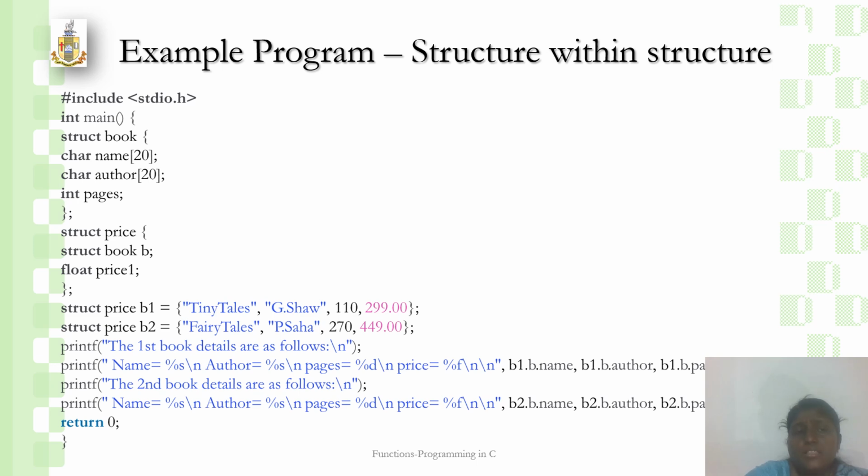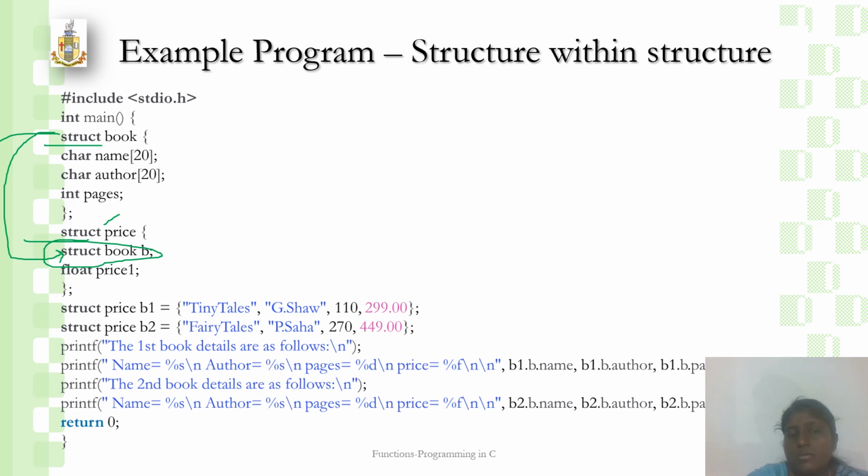What we have done is, previously we had added the price into a single structure. Here we have added struct book and struct price. Under the struct price, we are calling the structure book inside the struct price. So we are nesting the struct book inside the structure price. Okay, so struct price B1, whenever you are calling this one.